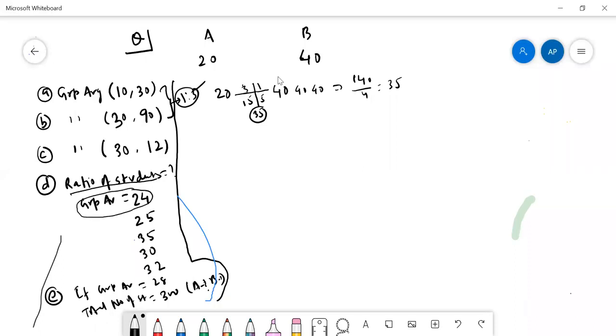Then what will be the ratio of students? So let's go back to number C. This is 5:2. So the average will become 20 into 5 plus 2 into 40 divided by 7, which everybody has got. So did you get the question, Ujasa?